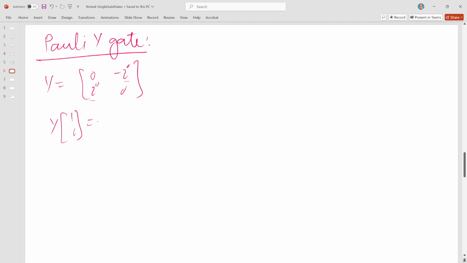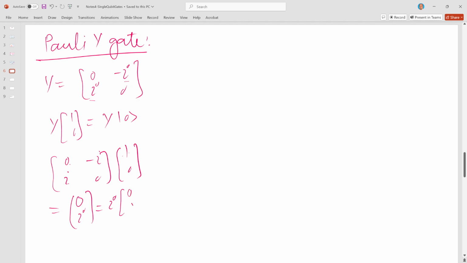state 0. So [0 -i; i 0] times [1; 0]. This becomes 0 into 1 minus iota into 0 is 0. Iota into 1 plus 0 into 0 is iota. And let's take iota common. So this becomes [0; 1], so this is iota times 1. So it means that Y applied to 0 goes to iota 1.